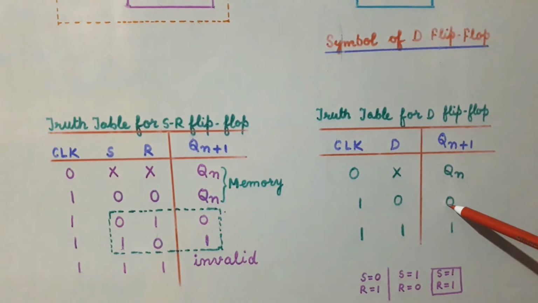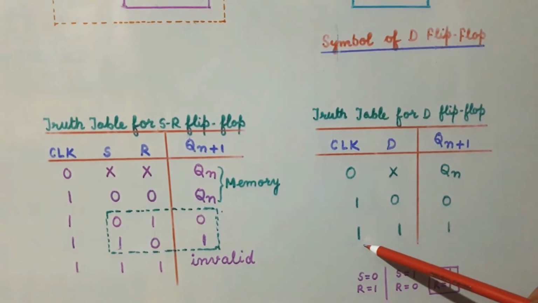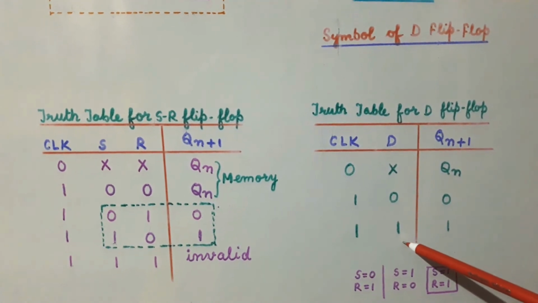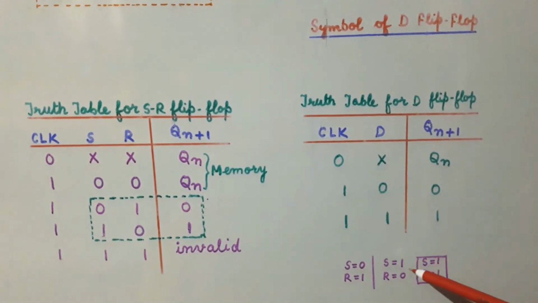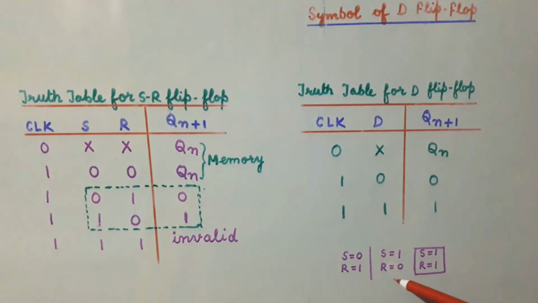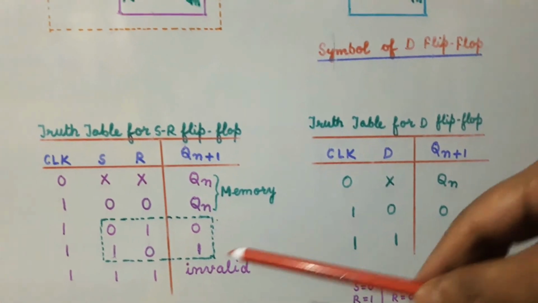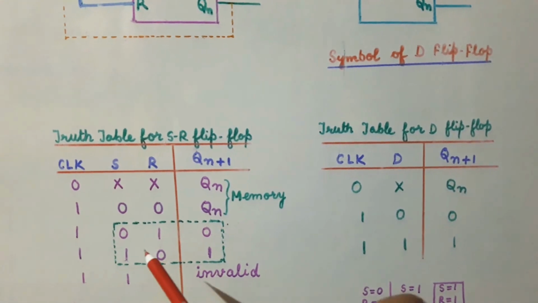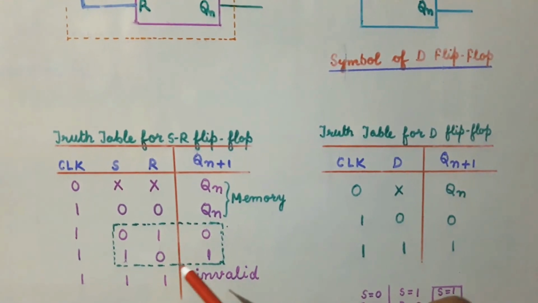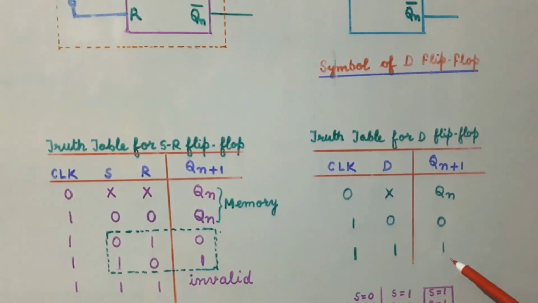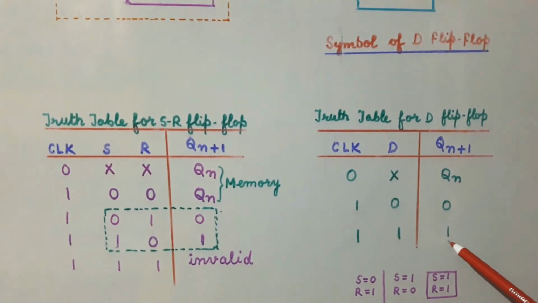Now when the clock is high and the value of D is also high, it means that the value of S will be equal to 1 and R will be equal to 0. So from here we find that when the value of S is 1 and R is 0, then the output Qn plus 1 is 1. So we will get a 1 here.